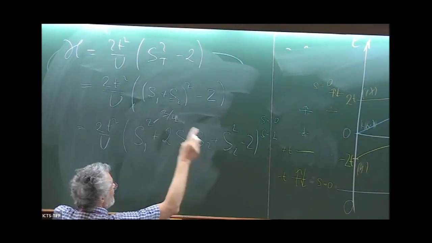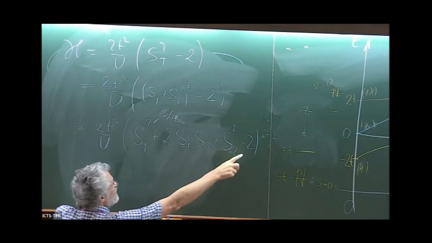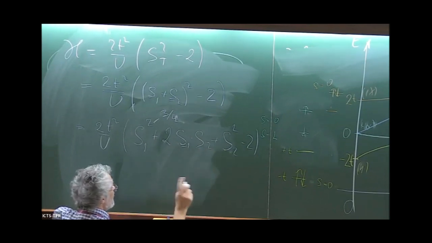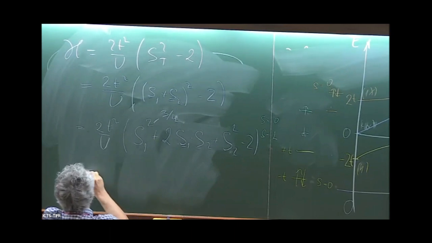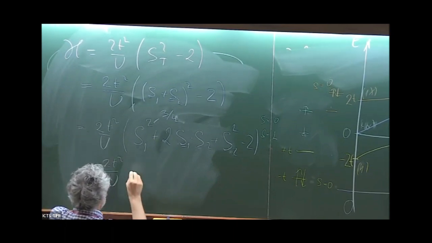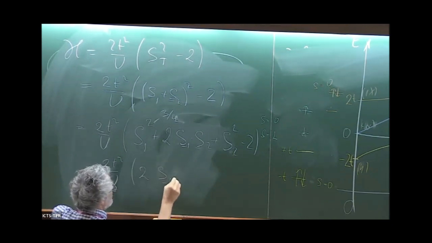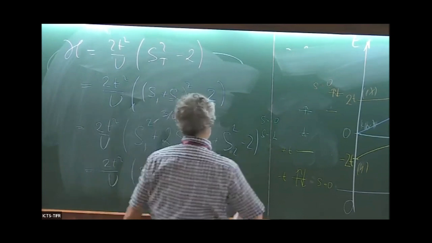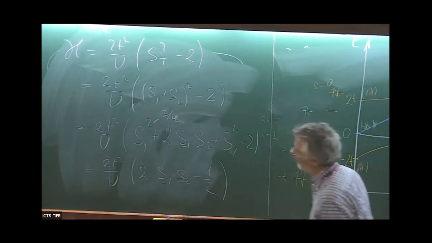We have two of them, that is 3/2 minus 1/2, so it will be minus 1/4. So this is equal to 2t squared over U, 2 S1 dot S2 minus 1/2.